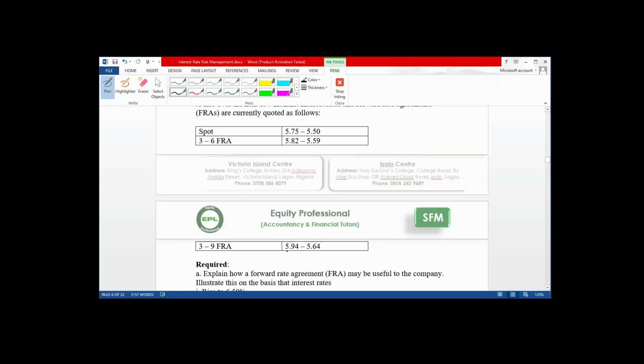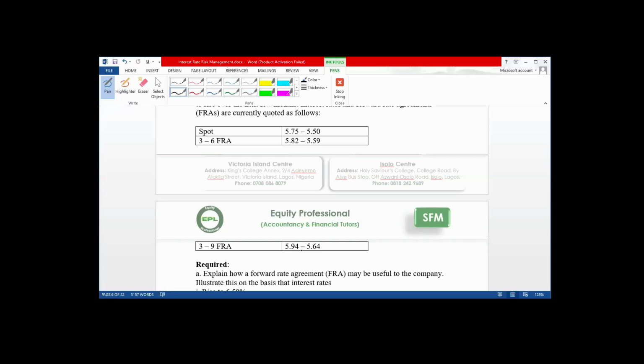The bank sells at higher rates. That means the franc rate will be 5.94. This one is higher. So if you have to explain this, the company will need to buy a 3 to 9 franc forward rate agreement.